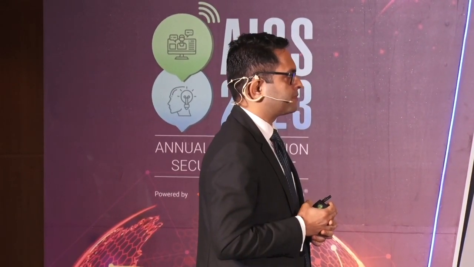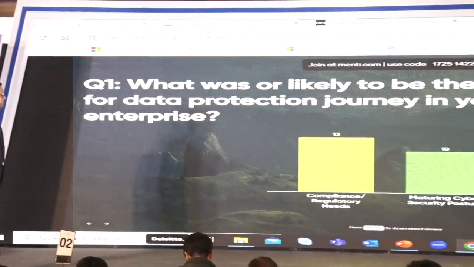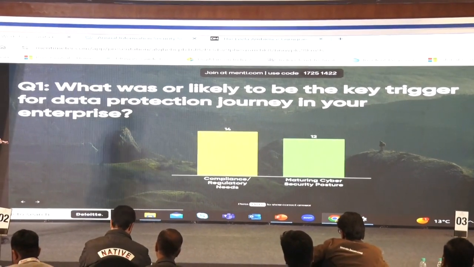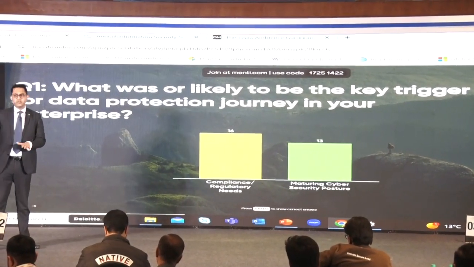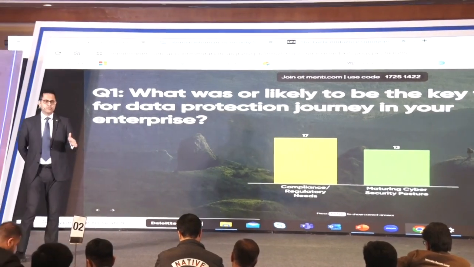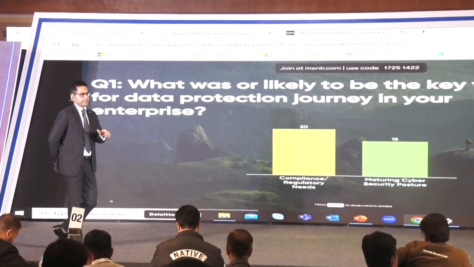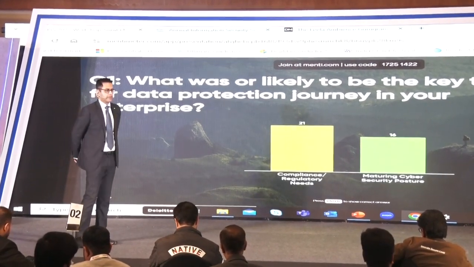We have about 100 plus people in this room. Let's see how the response goes. Again, I'll repeat, it's not whether you have a data protection program in your enterprise. Even if you don't, and you believe you're going to start soon in the near future, based upon your environment, ecosystem, management direction, where do you think the trigger would be?